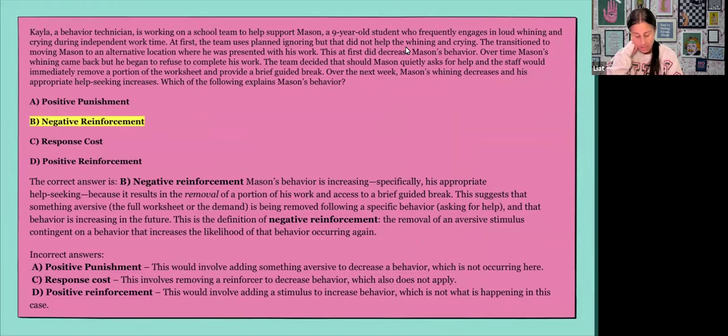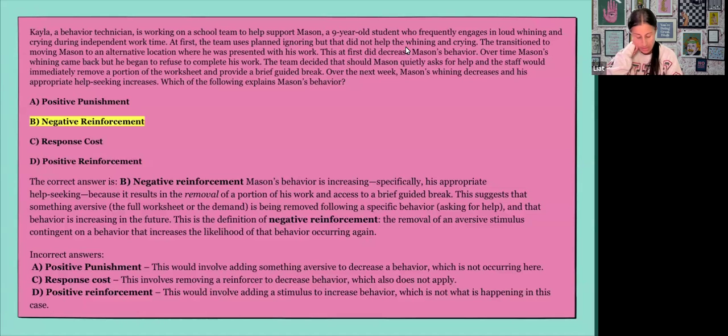Kayla, a behavior technician, is working on a school team to help support Mason, a 9-year-old student who frequently engages in loud whining and crying during independent work time. At first, the team uses planned ignoring, but that did not help the whining and crying. They transitioned to moving Mason to an alternative location where he was presented with his work. This, at first, did decrease Mason's behavior.